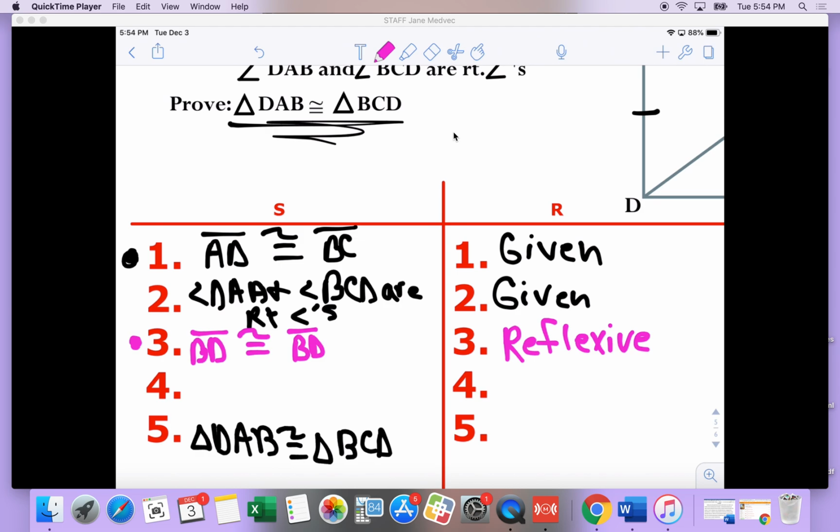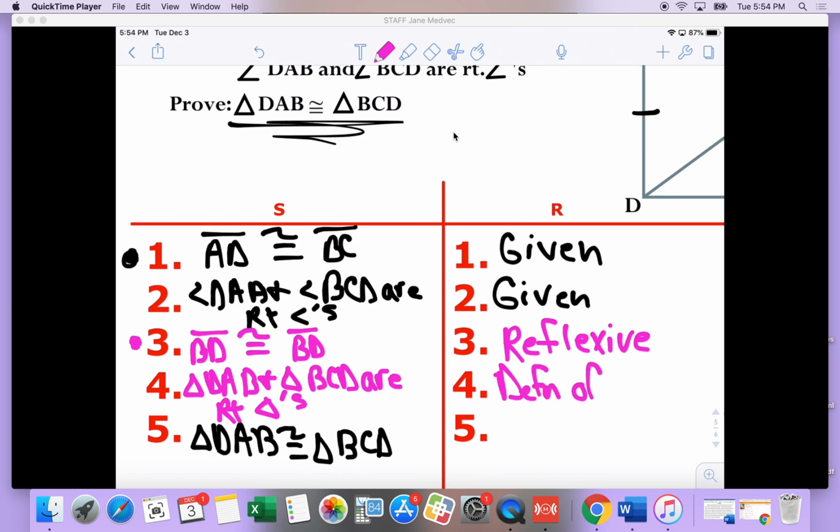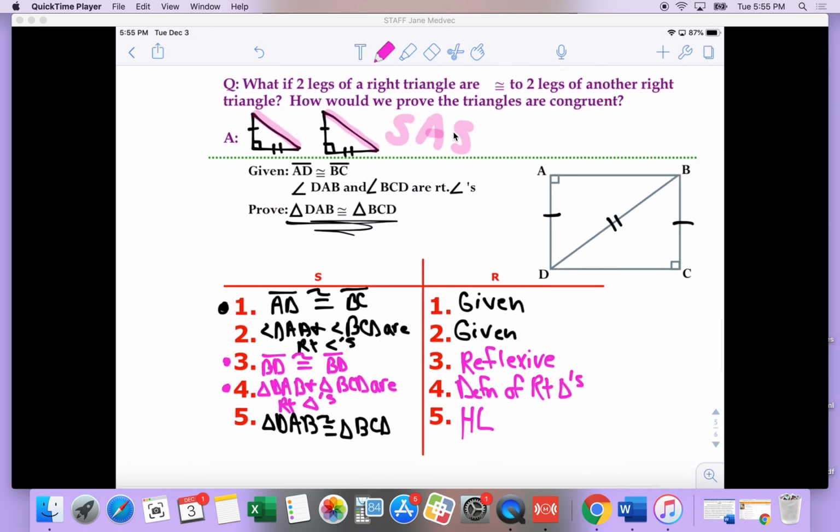And I'm going to go triangle DAB and triangle BCD are right triangles. And this would be definition of right triangles because right triangles have right angles. And then my final reason is HL. And I'm going to go ahead and do my dot there.